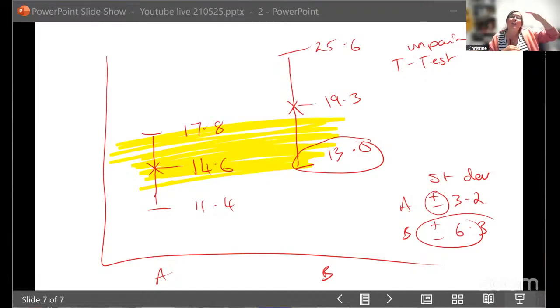So the larger your error bars are, and when we talk about that with standard deviation, the more variability there is within your data. So what you're saying is, how precise is my mean? Well, if I've got really large error bars, I cannot be sure that my mean is where it should be.